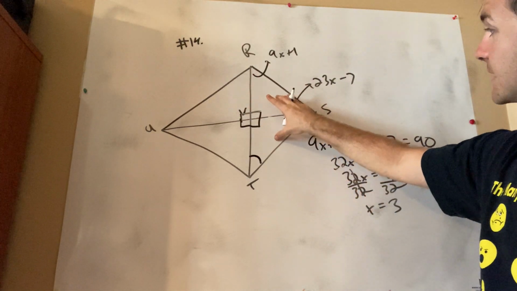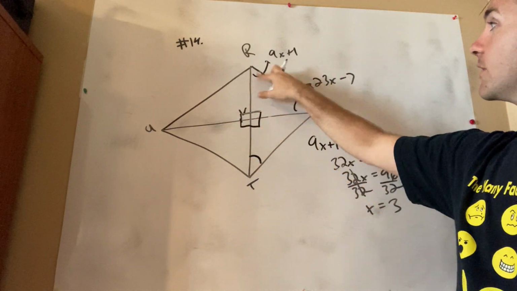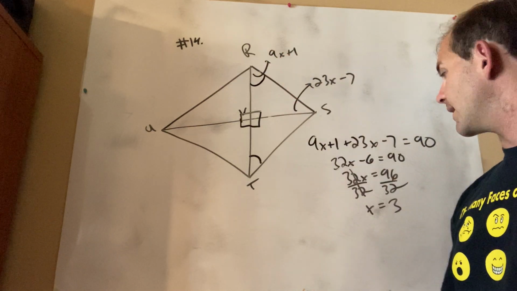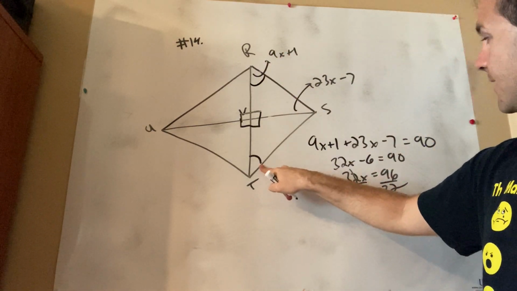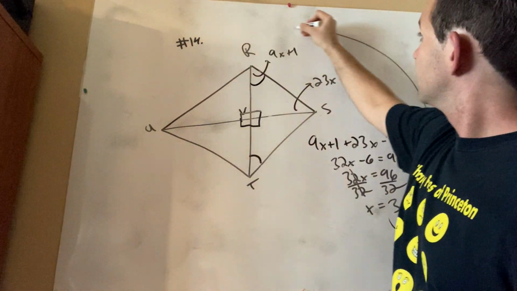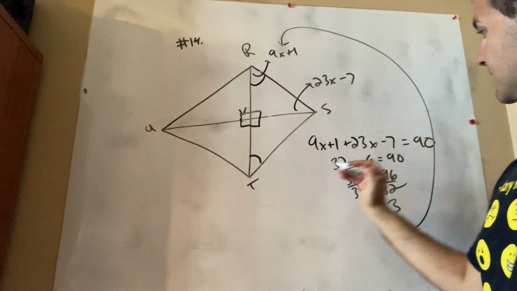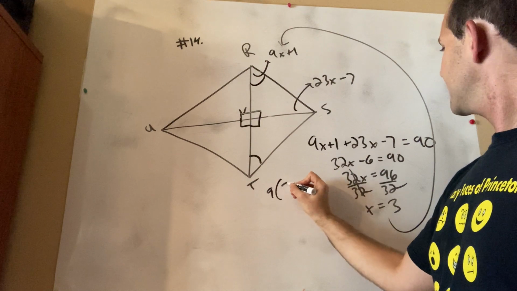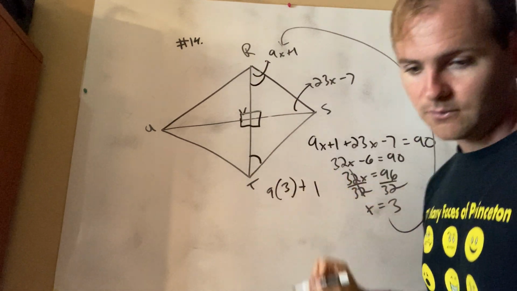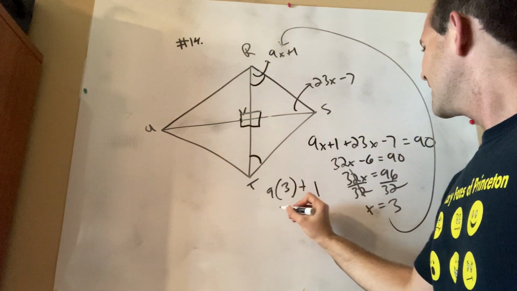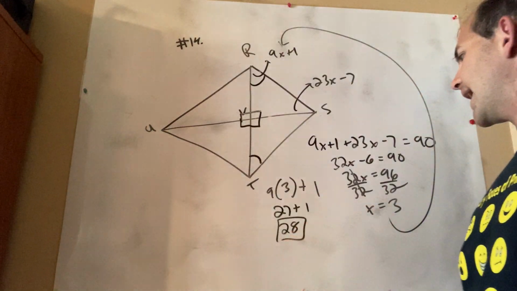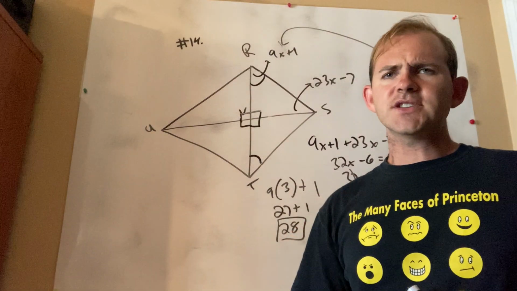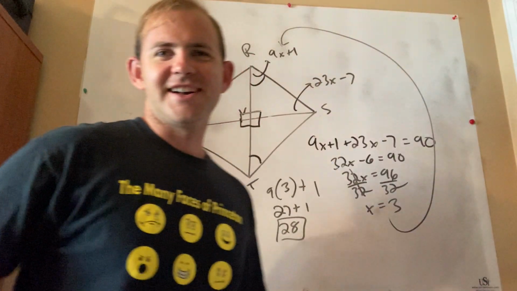Because these two triangles are the same, and so corresponding parts of congruent triangles are congruent. So all I would have to do to find the measure of this angle over here is substitute. When I substitute, I get 9 times 3 plus 1, is that right? Yeah. And so I get 27 plus 1, 28.